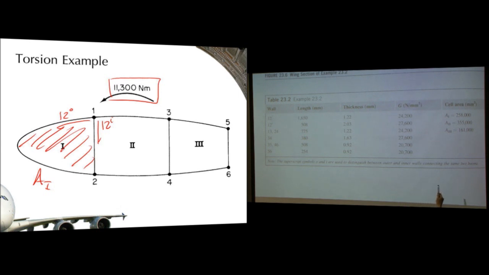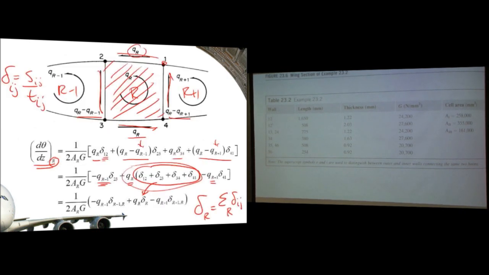You can also add another column after your cells to work out your deltas for your cells. And I'm just going to erase all my annotations off here.